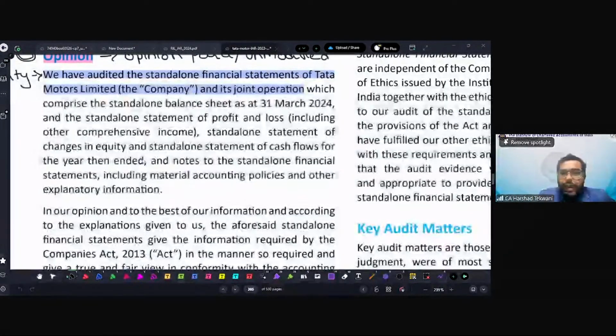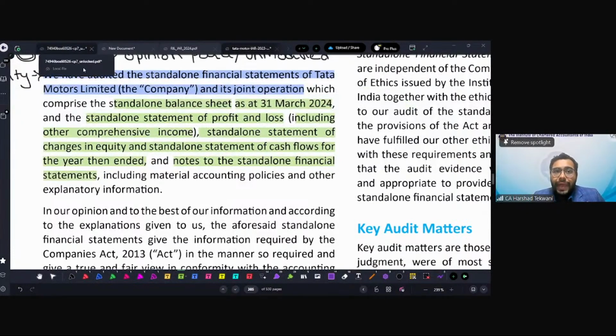After identifying the standalone financial statements of the company, they are mentioning that this is the standalone financial statement, which comprises the standalone balance sheet as of 31st March 2024, standalone profit and loss account including other comprehensive income, standalone statement of changes in equity, standalone statement of cash flow for the year ended, and notes to the standalone financial statements. So we have identified what we are auditing, and that is also required.